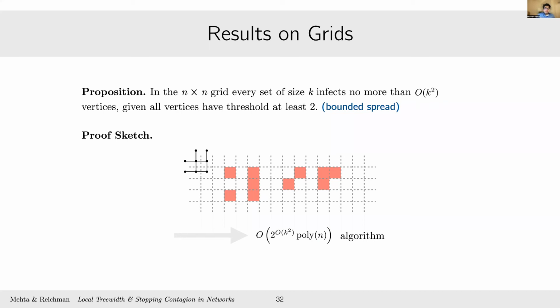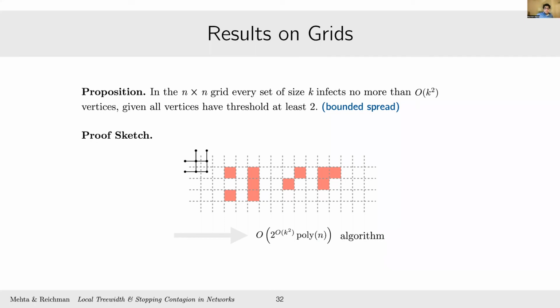The way we prove this is by taking the graph and embedding it onto a grid, coloring in the squares that correspond to infected vertices. Here you can see two examples of two infected vertices close by infecting one of their shared neighbors.